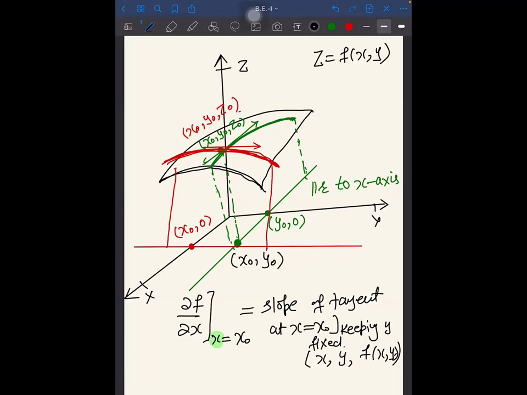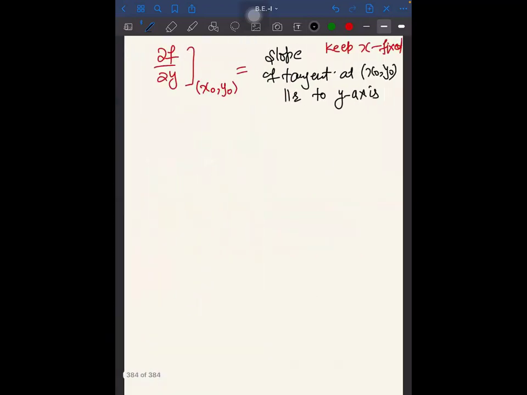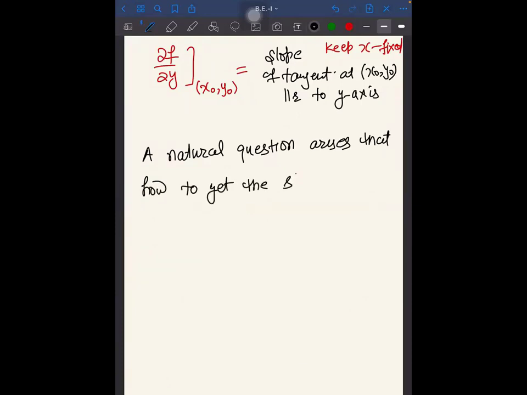See, the only weakness is, a natural question arises: how to get the slope of the tangent parallel to any line?